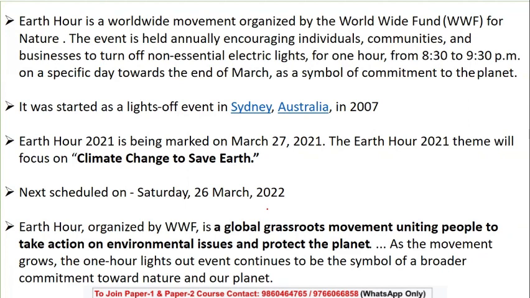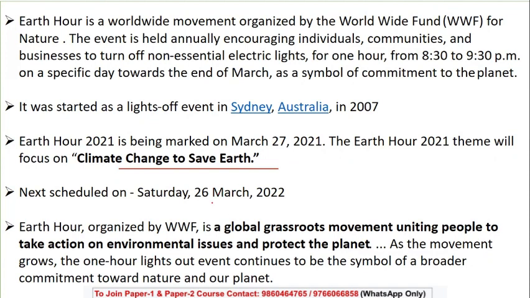It was started as a lights off event in Sydney, Australia, in 2007, and has become widely known as Earth Hour. In 2021, it happened on 27th of March. The theme was climate change to save Earth.